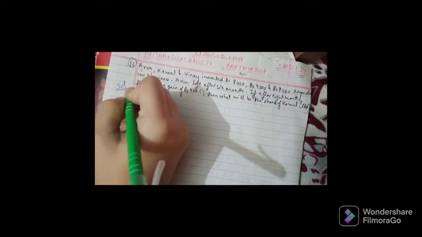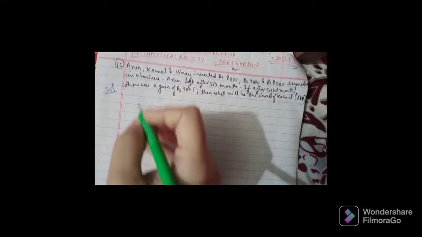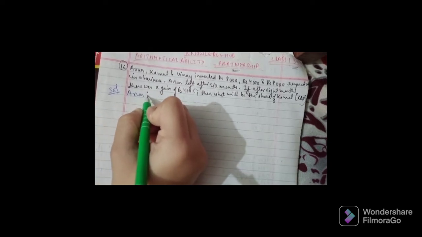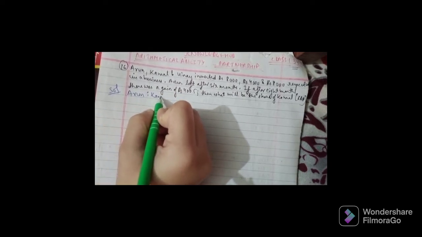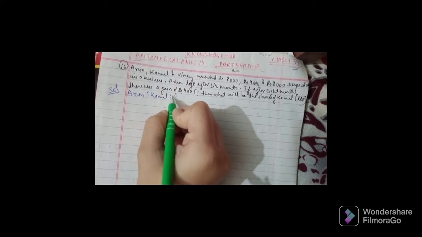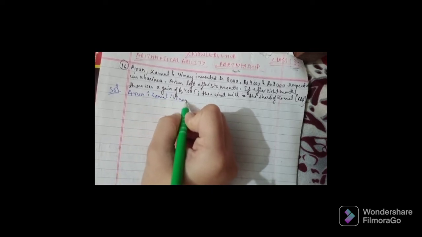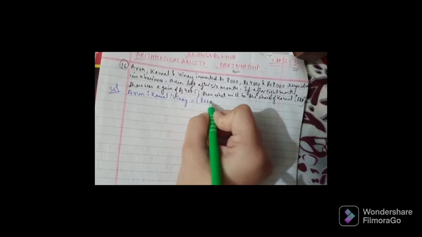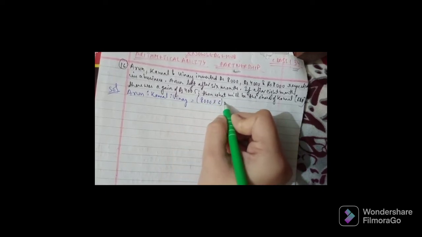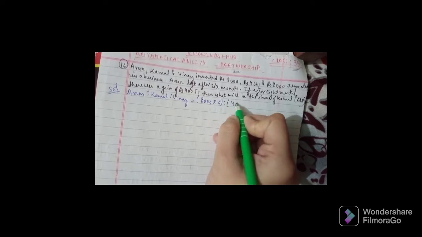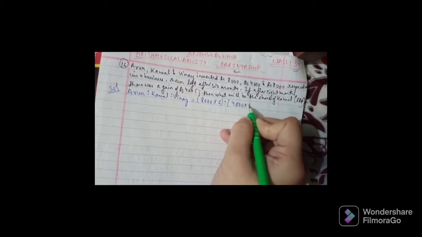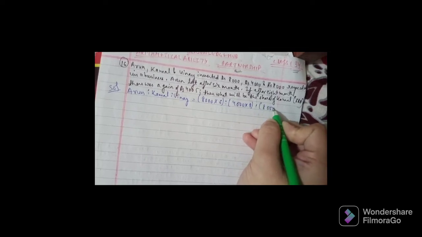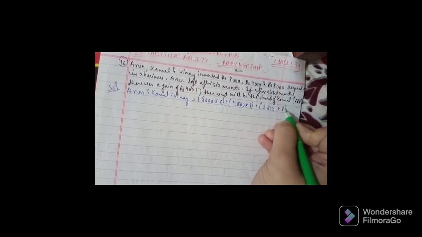Arun : Kamal : Vinay equals 8,000 into 6, 4,000 into 8, 8,000 into 8.